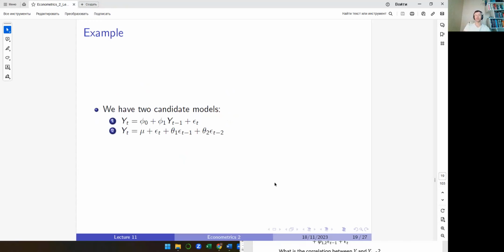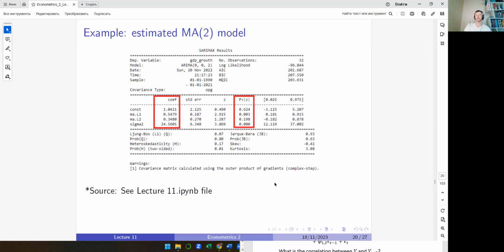So in our example, we have two candidate models, an AR1 model and an MA2 model. Now this is the output from Python. No need to do this in detail with pen and paper methods, since we know how to work with technology. So these are the estimated parameters: constant mu, theta1 estimate, theta2 estimate.